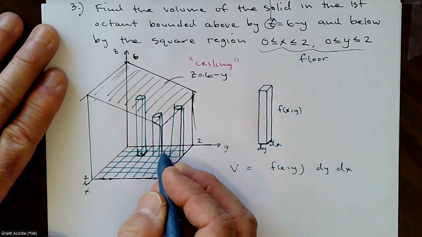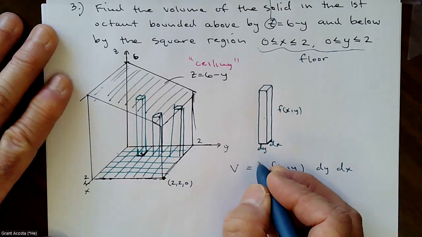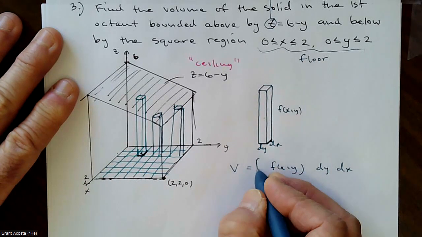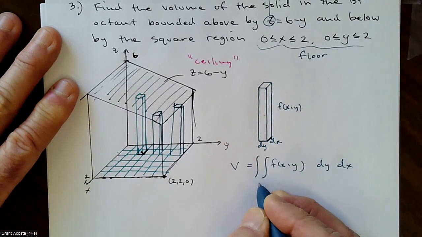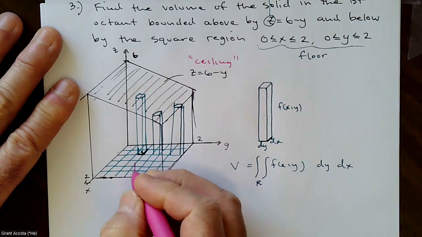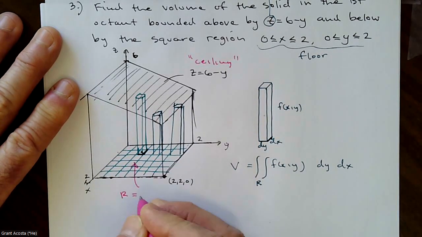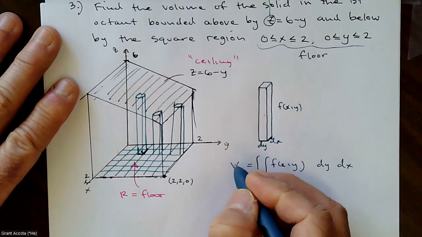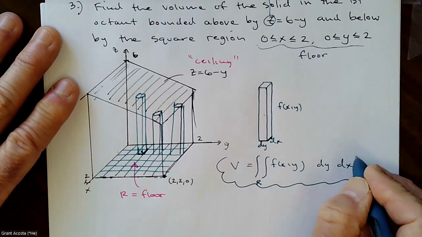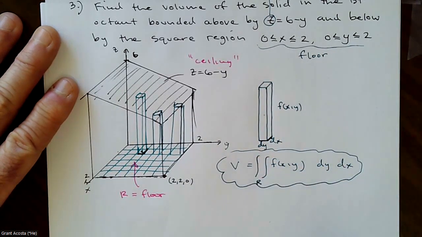But because I'm integrating over an area, I'm going to put a double integral. And the notation we usually use is we put an R there. R is the floor. So here is my general formula for finding the volume under a curve.